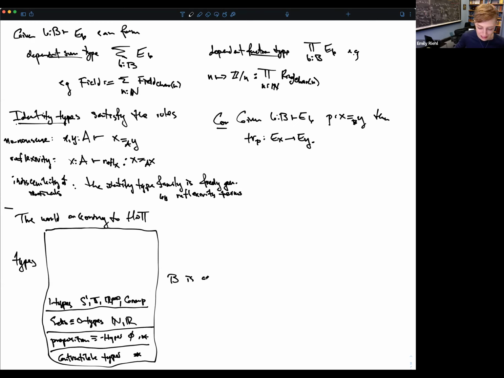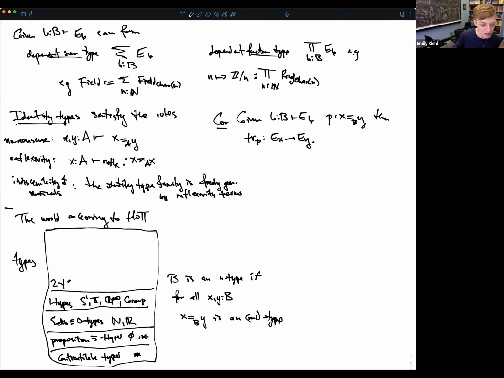We say that B is an n type if for all pairs of terms x, y in B, the identity type between those terms is an n-1 type. So this gives a definition of all of the levels in this hierarchy except for the base one, which I'm going to leave to your imagination.